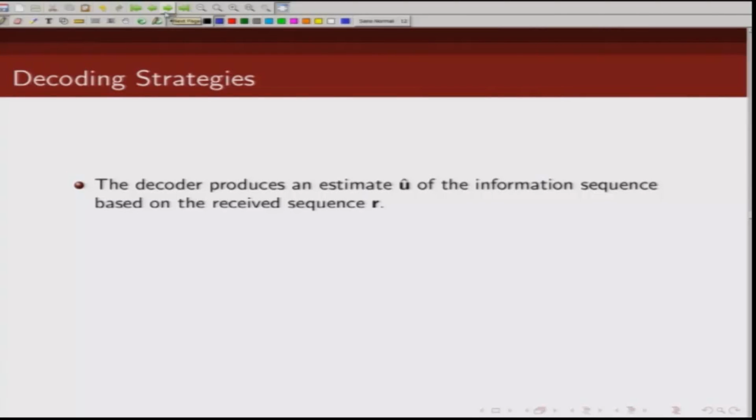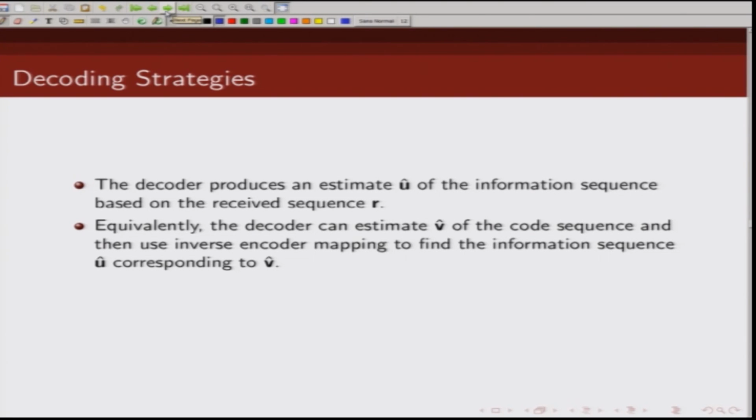The decoder produces this estimate based on what it has received as demodulated output, which is R. Now, we can say this estimation of the information sequence problem is equivalent to estimating the code sequence, because there is a one-to-one mapping from a particular code word to the information sequence.